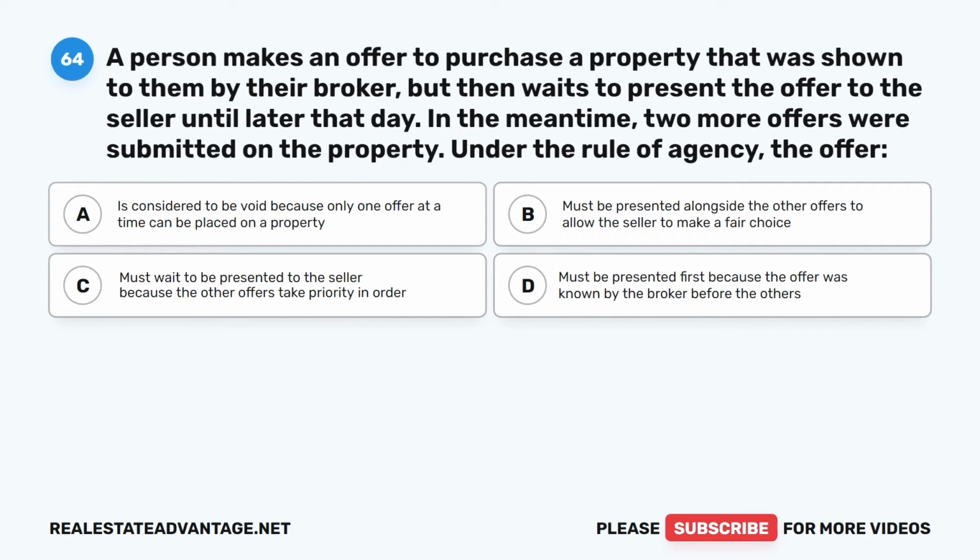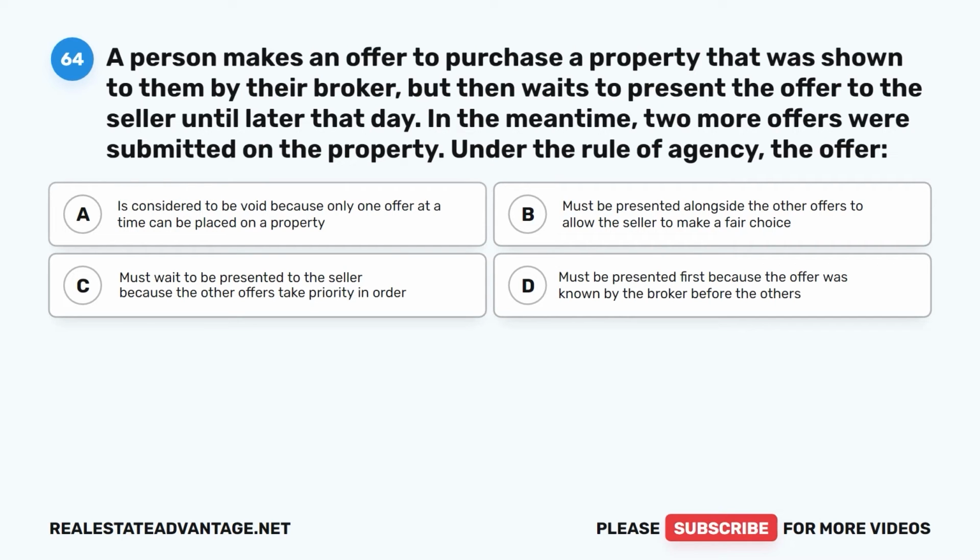Question 64. A person makes an offer to purchase a property that was shown to them by their broker, but then waits to present the offer to the seller until later that day. In the meantime, 2 more offers were submitted on the property. Under the rule of agency, the offer, A, is considered to be void because only one offer at a time can be placed on a property. B, must be presented alongside the other offers to allow the seller to make a fair choice.